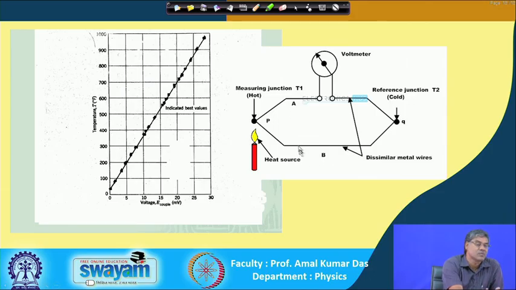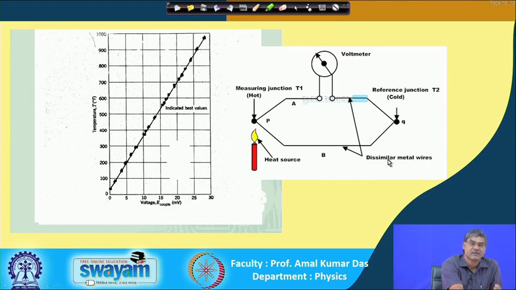It has to be dissimilar material. Take these two dissimilar materials and just twist the wires together here. This is one junction, and the other junction is this one.